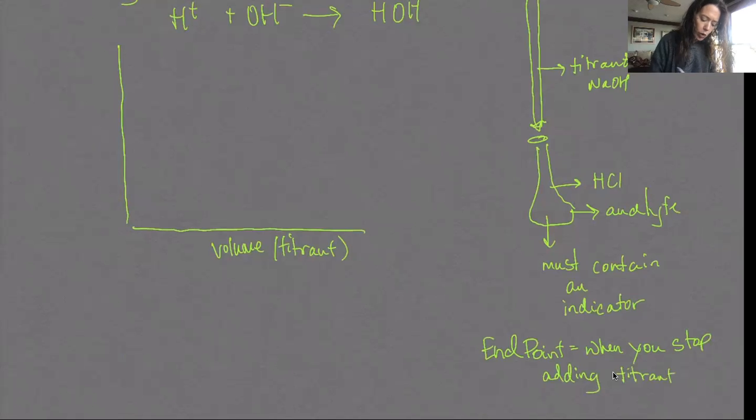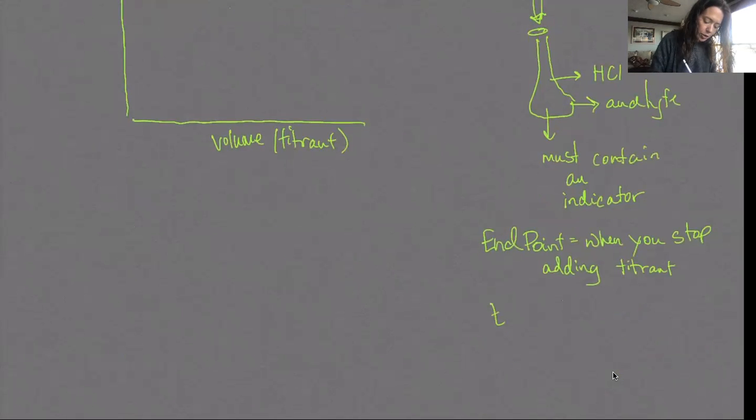Okay, what you need to do is you need your end point to occur at the equivalence point, right? That's what you want. This is what you need. You need to ensure this, right?